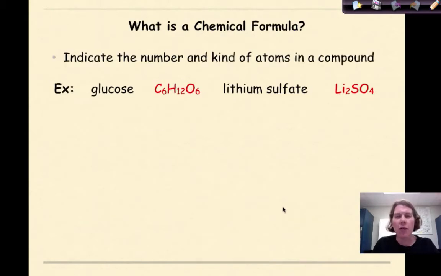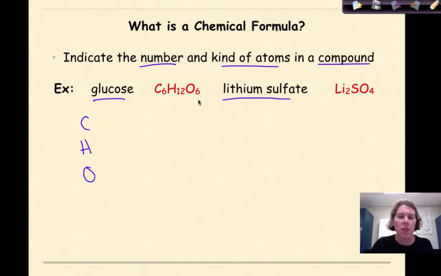Now what is a chemical formula? What does a chemical formula do for us? Well, it's going to tell us the number and the kind of atoms in a compound. Here we have two compounds: glucose and lithium sulfate. If I look at the chemical formula for glucose, it's C6H12O6. So that's telling me that it's composed of three different elements: carbon, hydrogen, and oxygen.